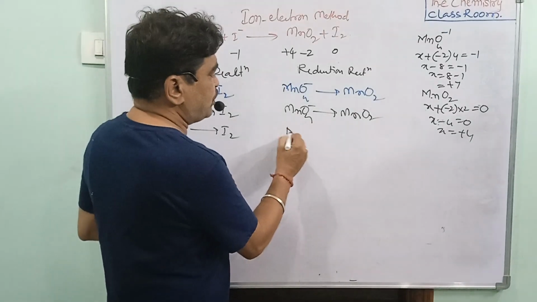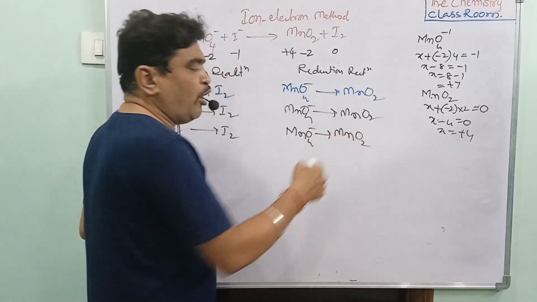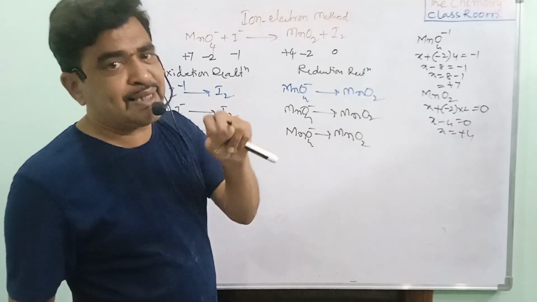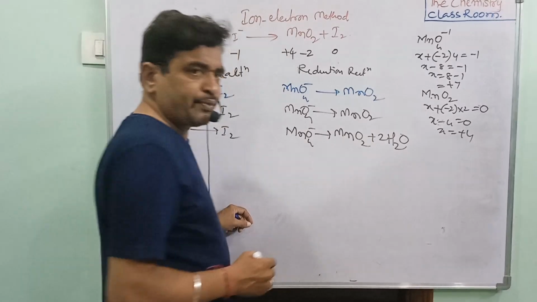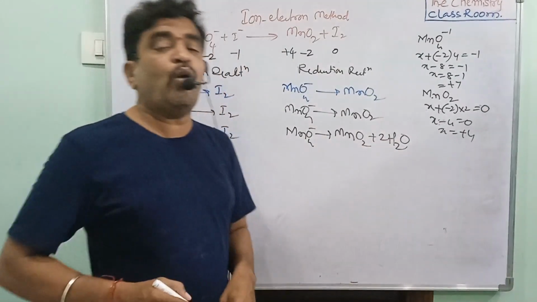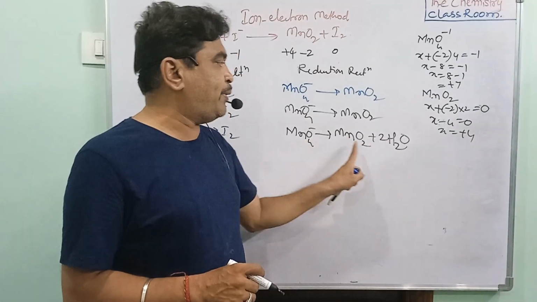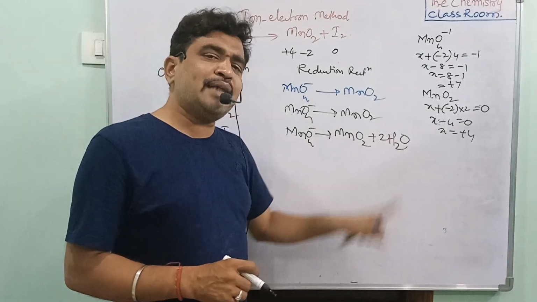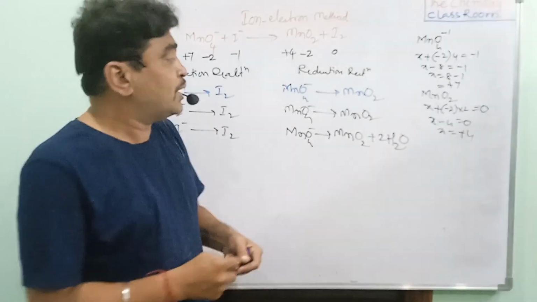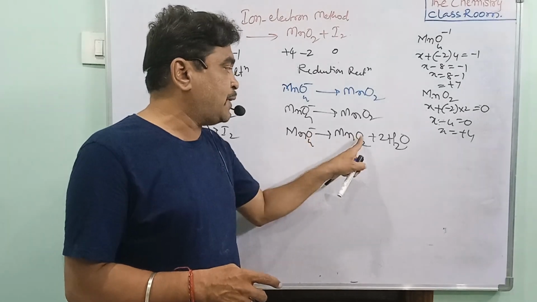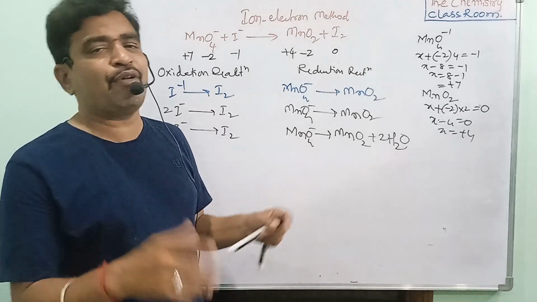So here it is MnO4 minus gives rise to MnO2. On this side, how many oxygens are less? 2 oxygens are less. So I am adding 2 water molecules to that side to balance the oxygens. Now the oxygens are balanced. This side 4 oxygens, this side 2, and in the water molecules 2. That means the 4 oxygens are balanced.